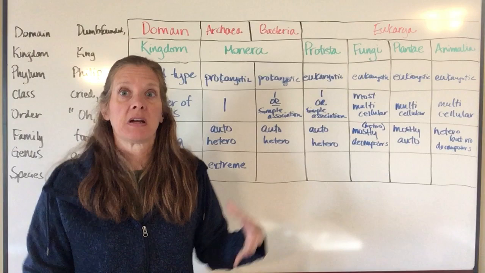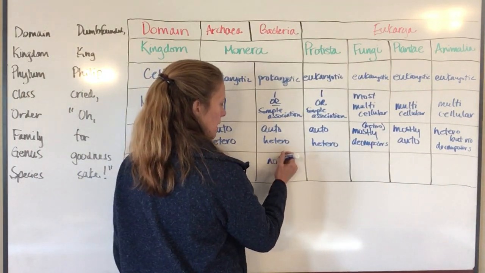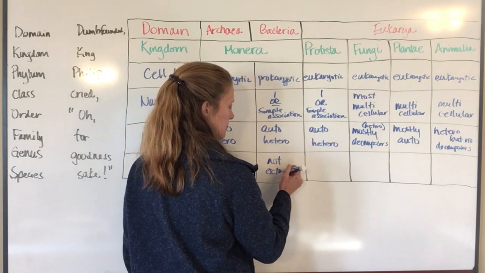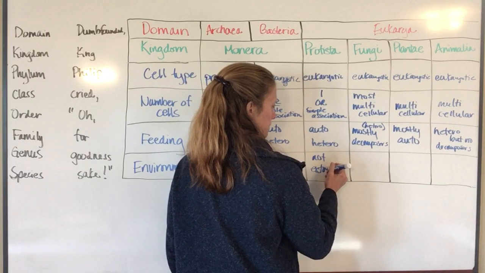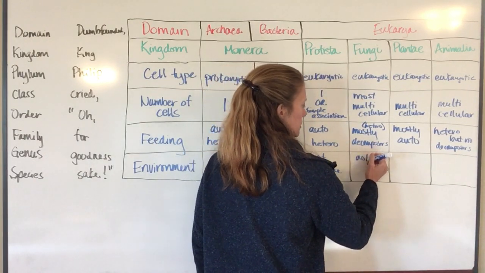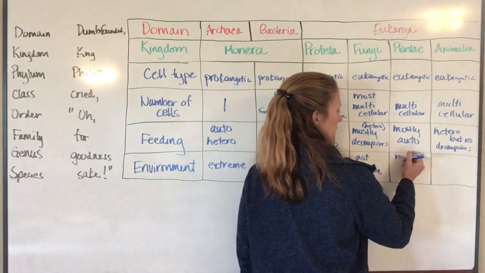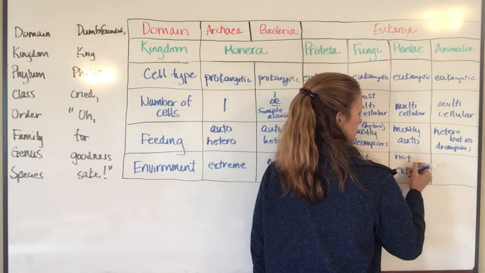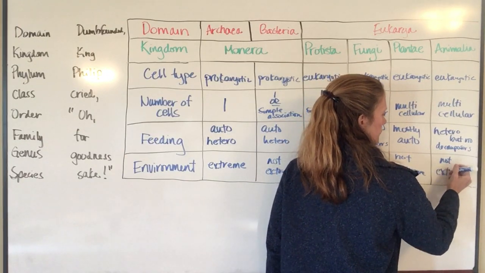In fact, they're going to die if they get into an extreme environment. So all the rest of these are going to be not extreme. So we'll just fill in not extreme in all the rest of these boxes here for the sake of having our table full. And finally, not extreme over here.